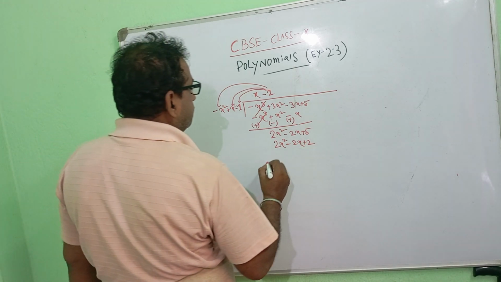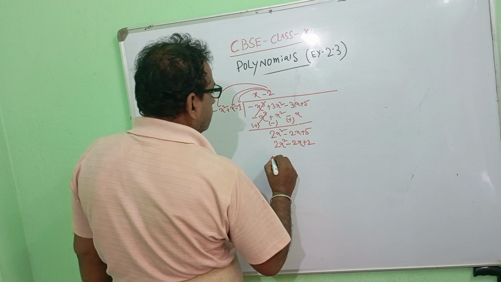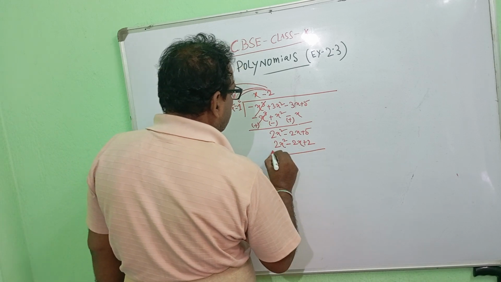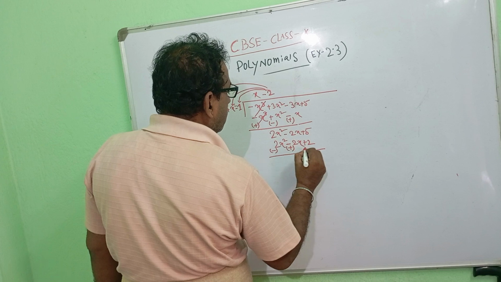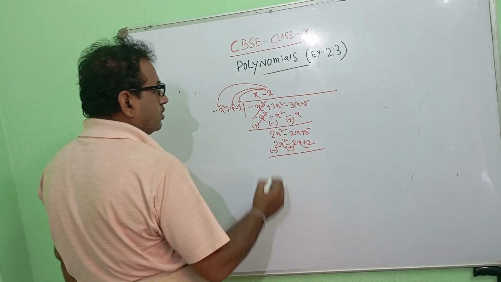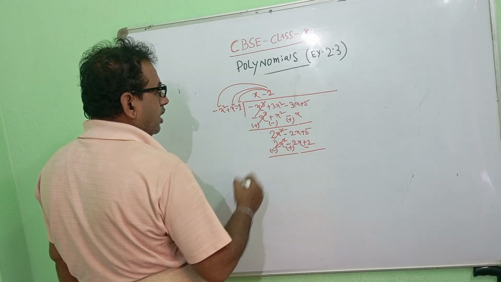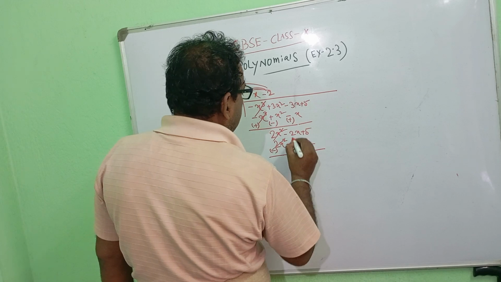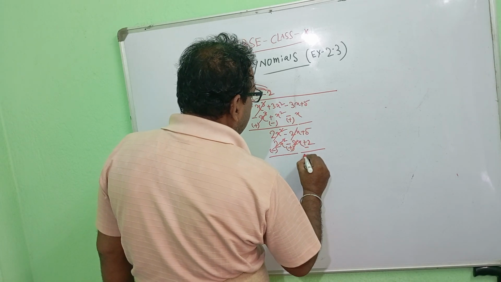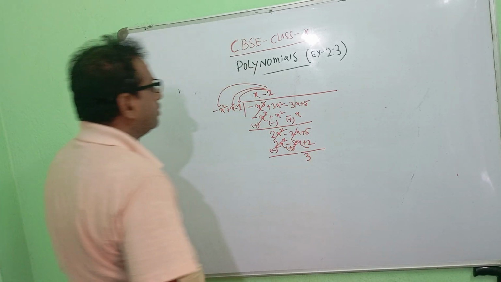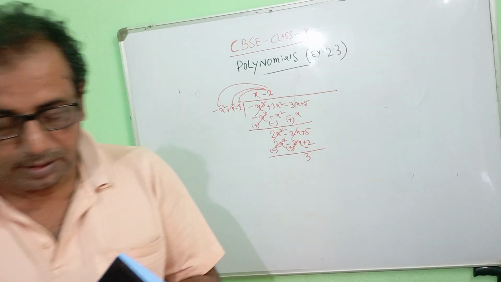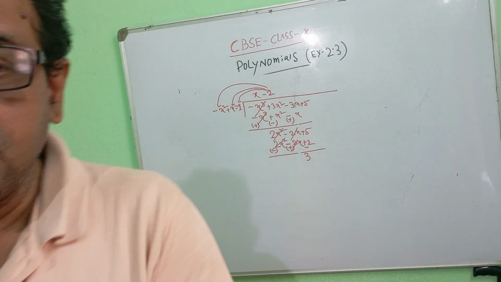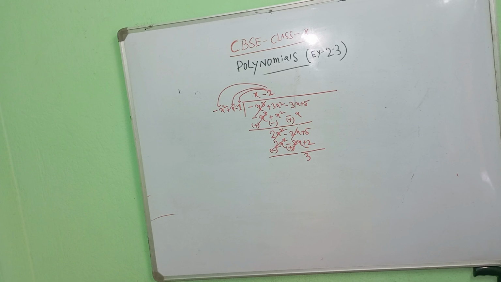Clear? This is minus, this is plus, this is minus, and these things are cancelled. These things also cancelled. And this is 3. Now this first part is complete, the division.